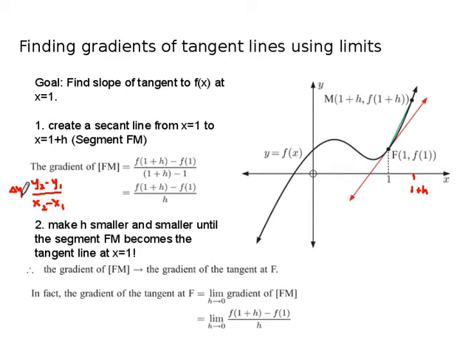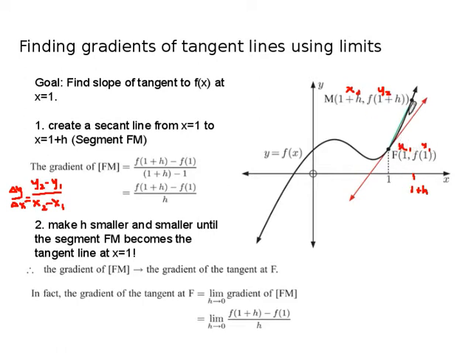That's change in y over change in x. We should know this from previous years. So y2 is this right here, and this is x2. This is y1, and that's x1.